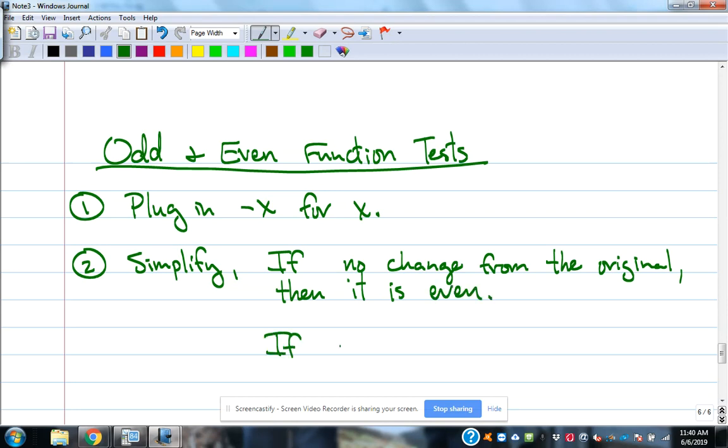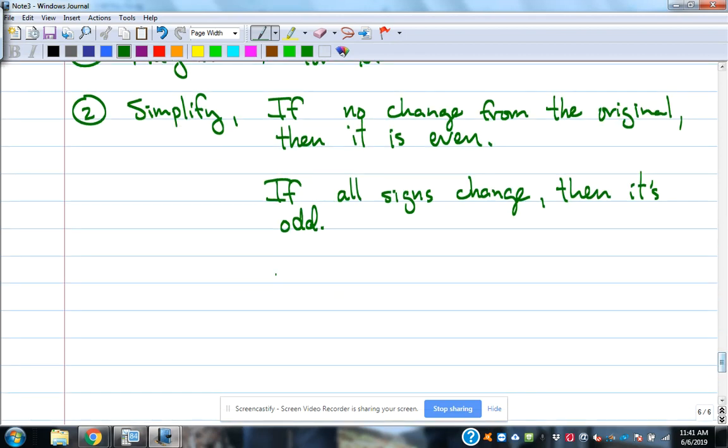If all signs change, then it's odd. If it is mixed, then it's neither.